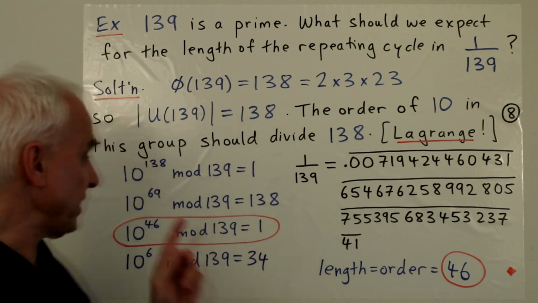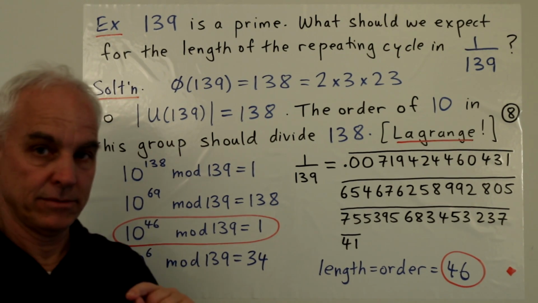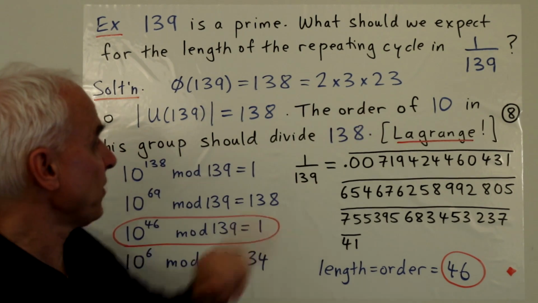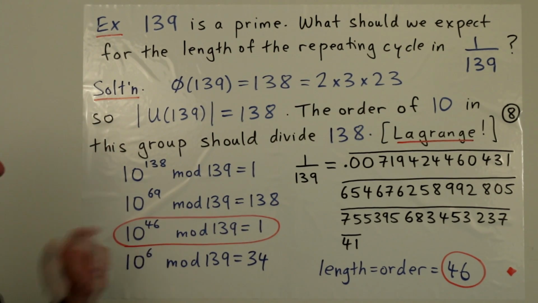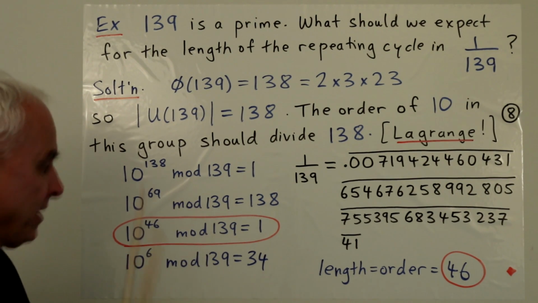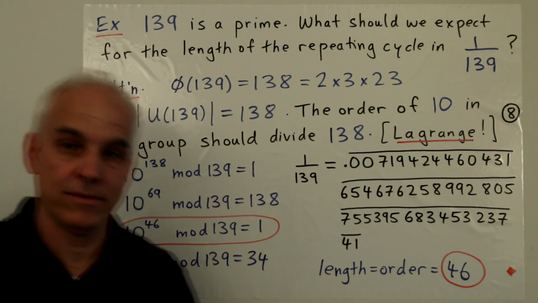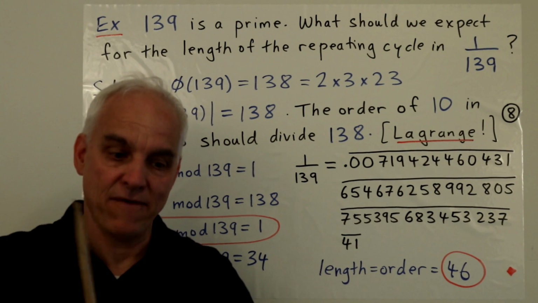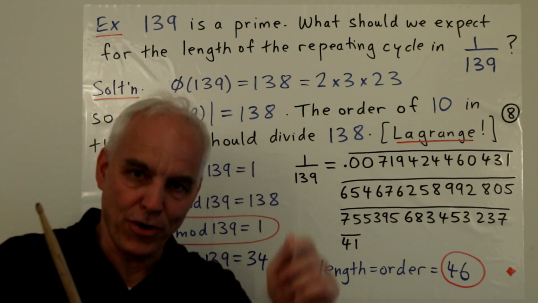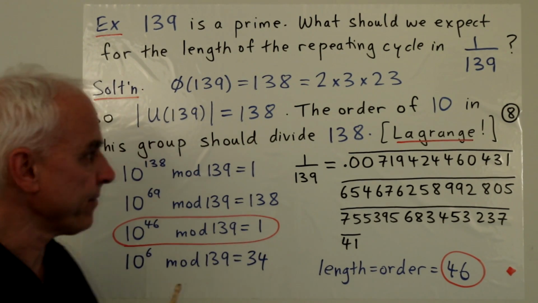So the order of 10 is not 69. Let's try a different factor. How about, instead of those two, maybe those two: 2 times 23, which is 46. Well, then 10 to the 46 mod 139, my computer tells me that's equal to 1. So we have found now a smaller possible order of 10 in this group.